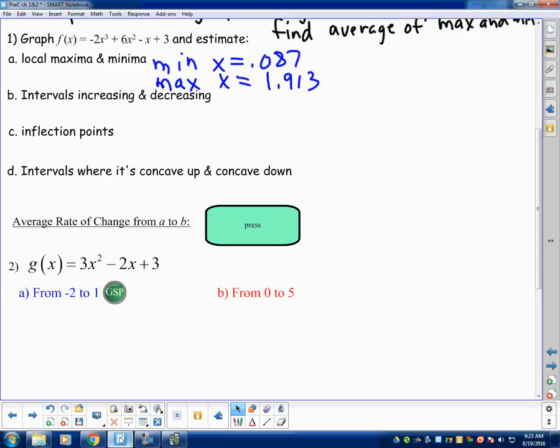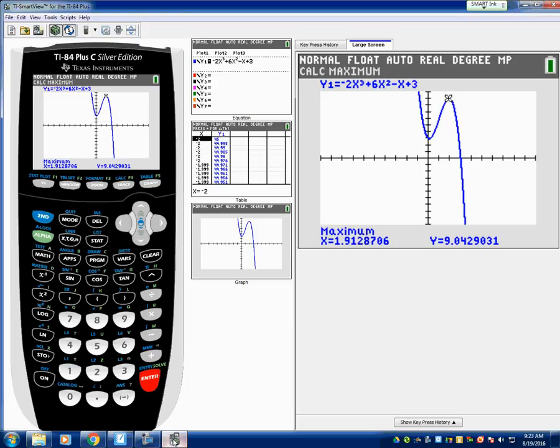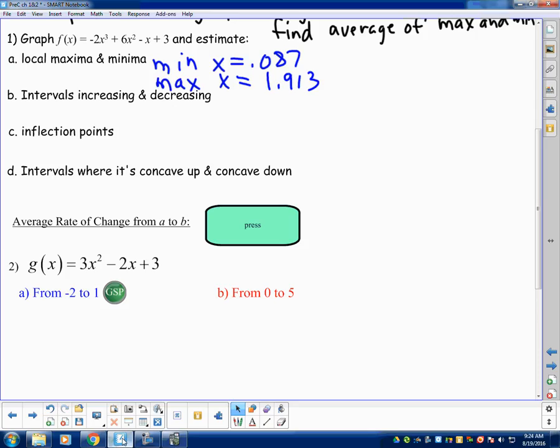Here's why. My intervals over which it's increasing or decreasing are decided by the max and min. Look at the picture here. There's my min. Up to my min, it is decreasing, right? Between my min and my max, it's increasing, and then after my max, it's decreasing again. So if I want to write down the decreasing intervals, I just have to use my min and my max to separate it out.